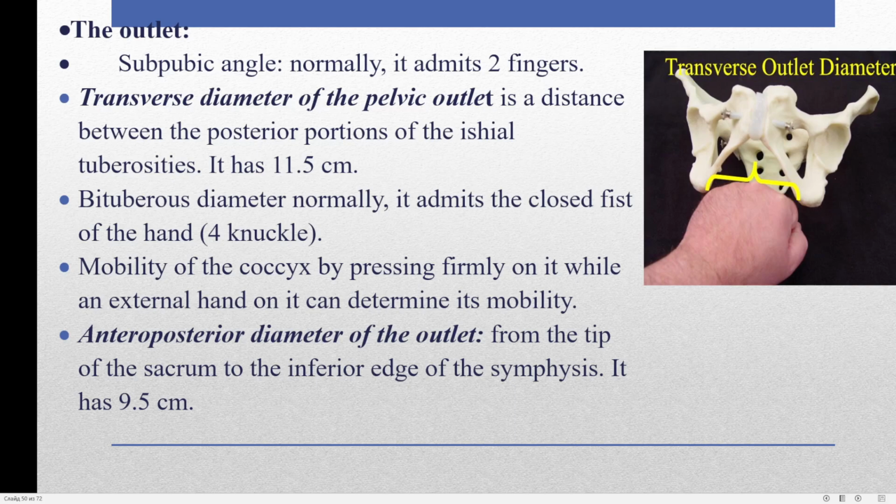Mobility of the coccyx can be determined by pressing firmly on it while an external hand is on it. The anterior posterior diameter of the outlet is from the tip of the sacrum to the inferior edge of the symphysis. It is 9.5 centimeters.